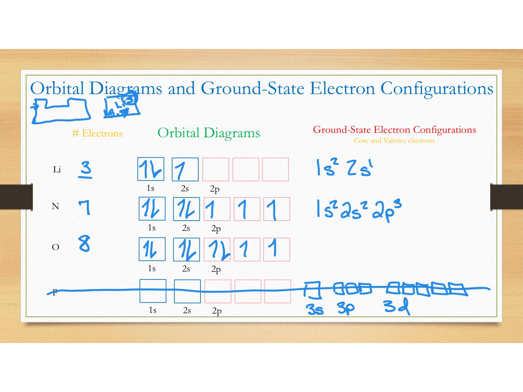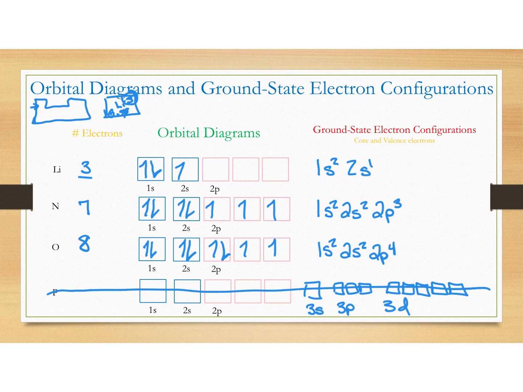So my ground state electron configuration would be 1s2, 2s2, 2p4. 2 plus 2 is 4, 4 and 4 is 8. Atomic number 8 gives me oxygen, so I know my electron configuration is correct.